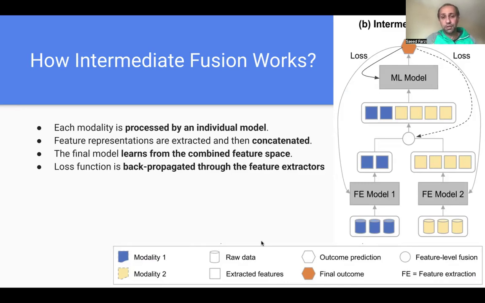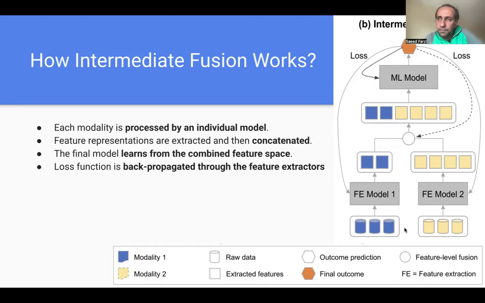The final model learns with a combined feature space, and the loss value is backpropagated through the feature extractors. Let me explain this sophisticated technique with the help of this flow chart.